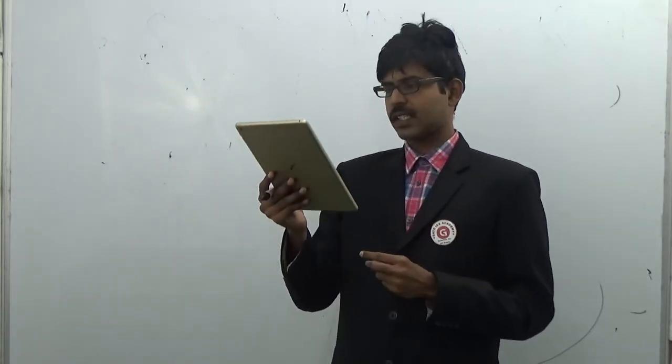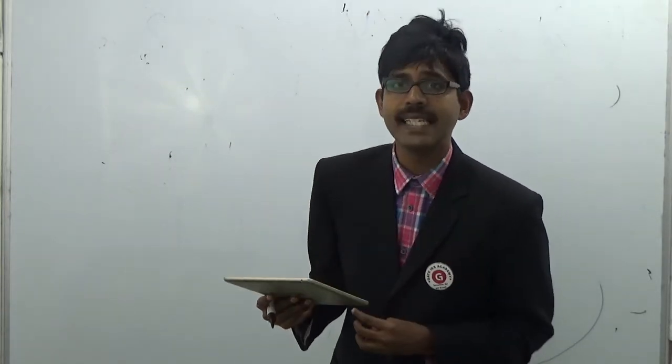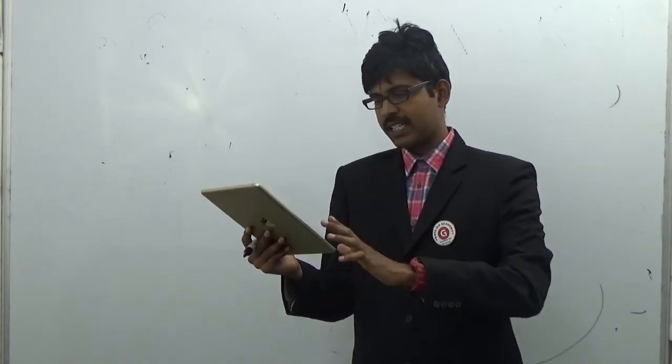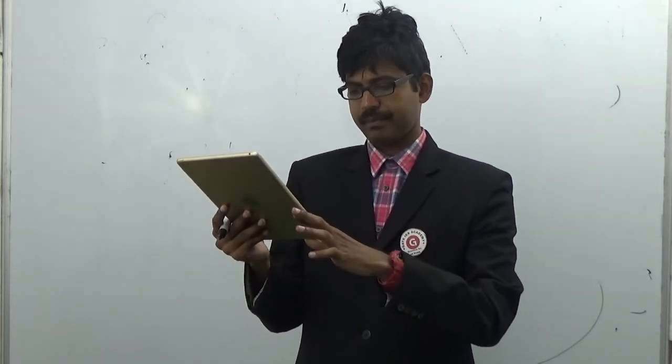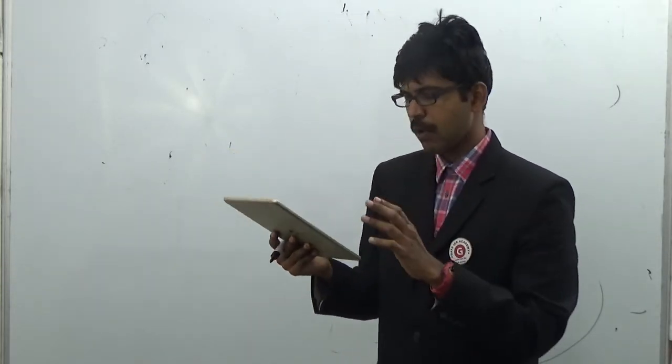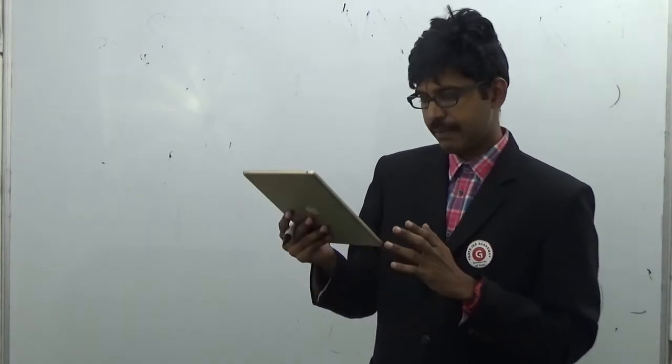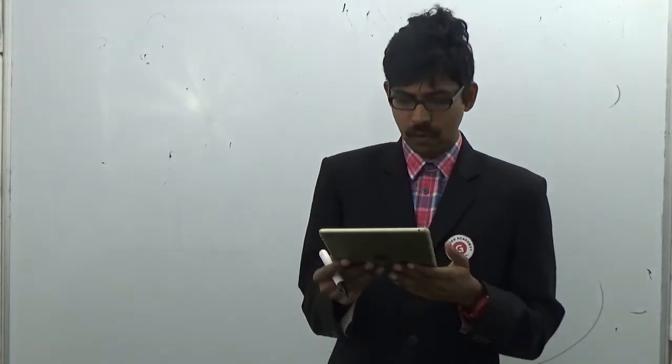Now, coming to one more problem. This is also a 2014 question. At T equal to 300 Kelvin, the hole mobility of the semiconductor, mu P, is given as 500 centimeter square per volt second.